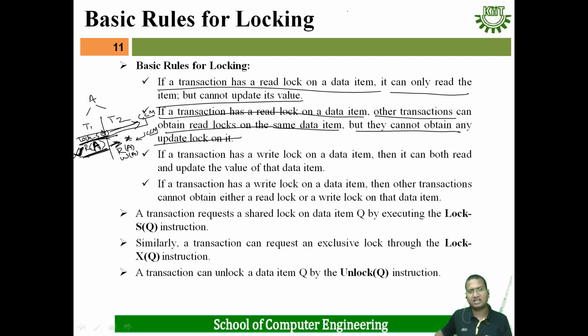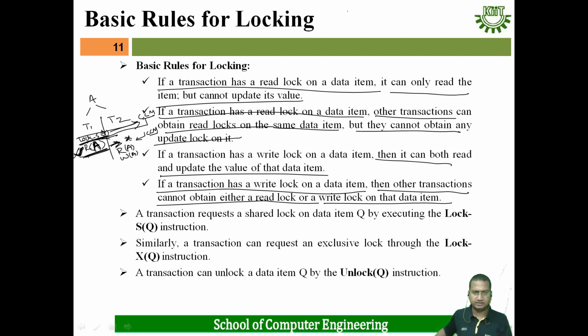Similarly, if a transaction has a write lock on a data item, then it can both read and update the value of the data item. If a transaction has a write lock on a data item, the other transactions cannot obtain either a read lock or a write lock on that data item.